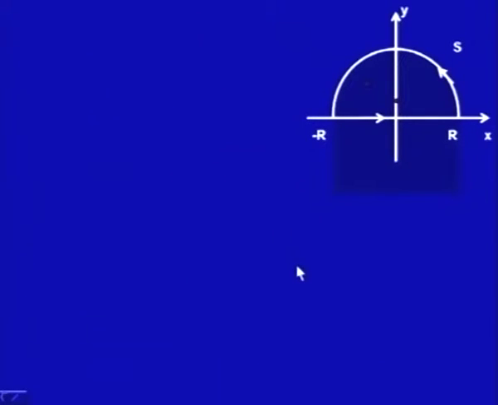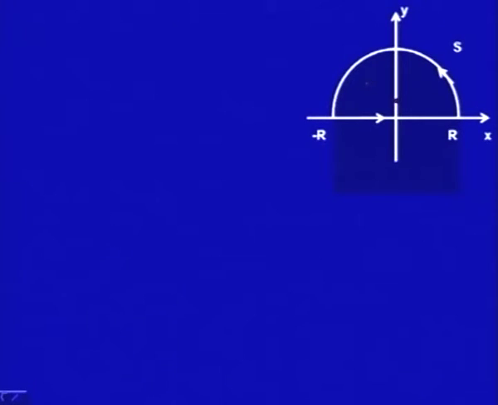Let us see. This is the curve which I am taking, for which I would like to change my integral to a closed contour. The closed contour consists of the semicircle S and the segment from minus r to plus r on the real line.